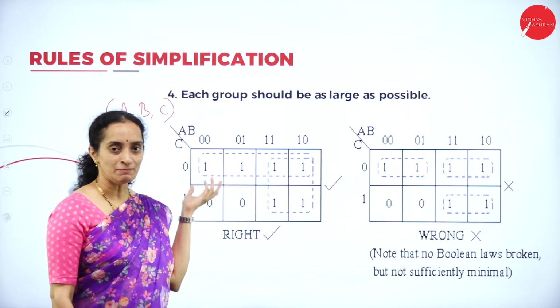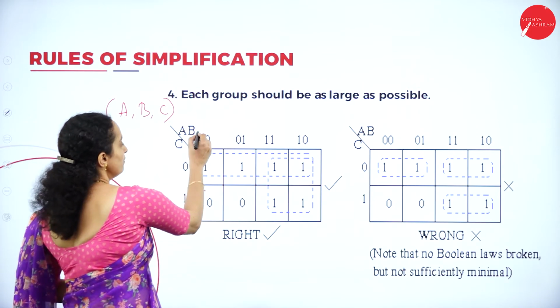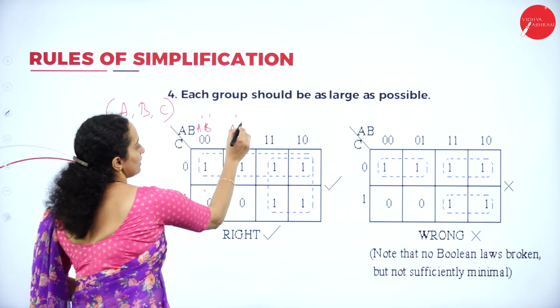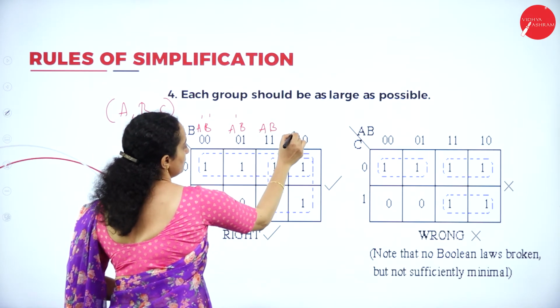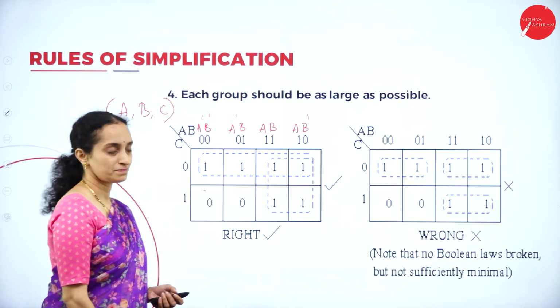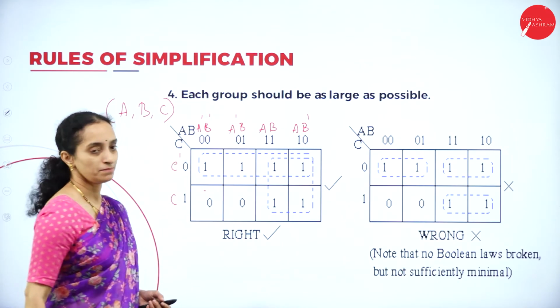C obviously has only 2 values, 0 and 1. Here you have A dash B dash, A dash B, AB, AB dash. Okay, here you have C dash, C.